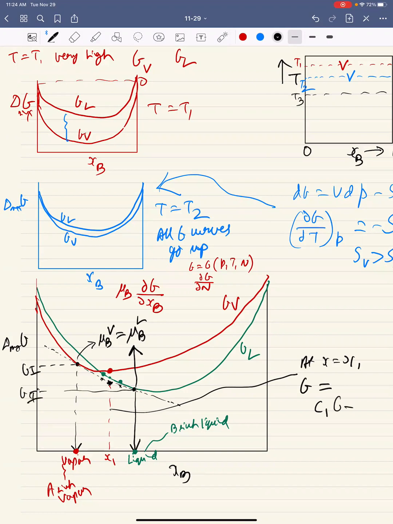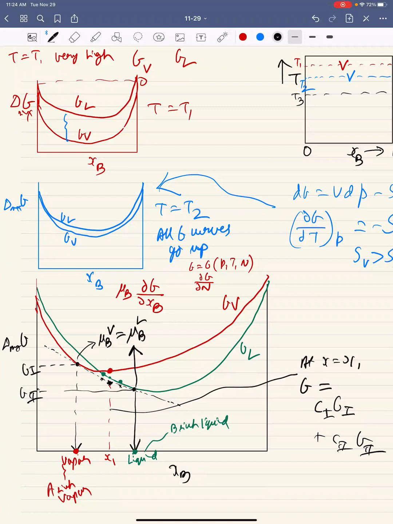It is some combination of G1 plus some combination of G2. This is the physical picture. You have split into two phases. Now, if x1 was right in the middle between vapor and liquid, what will be the value of C1 and C2? It will be 0.5, 0.5, right?